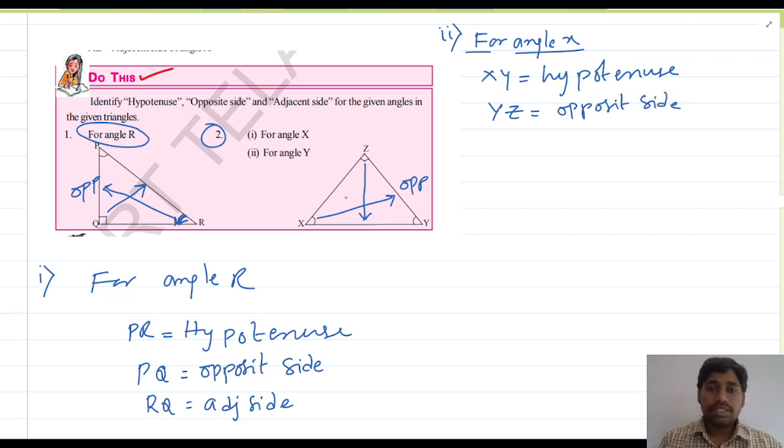Next, the other side which is left, ZX, is the adjacent side.